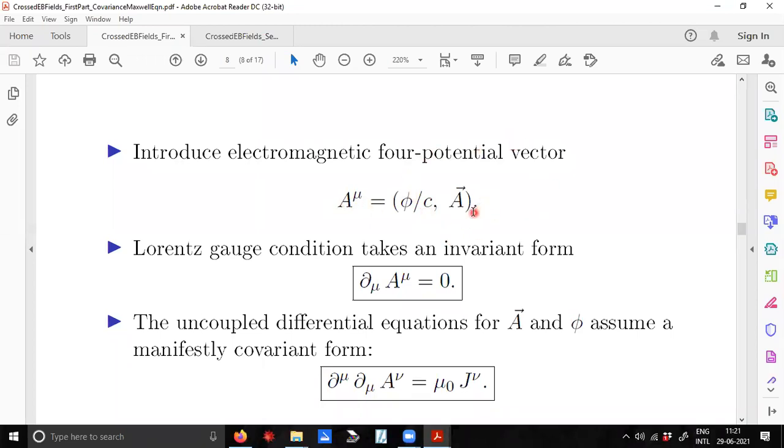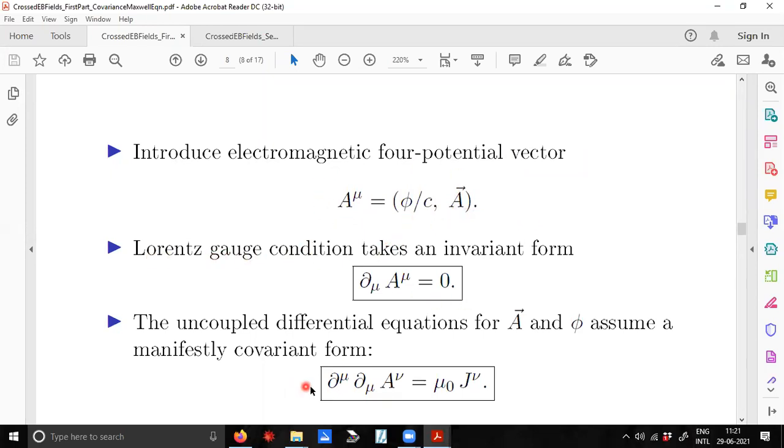That is the identification by Einstein in his 1905 paper, where he talks about how magnetism can be written in a covariant manner. You define the electromagnetic 4 vector potential A mu as phi by C and A. And all our laws show that this is indeed a 4 vector, so it transforms like a 4 vector under Lorentz transformation. That can be shown. I am not able to show it now, but this is what is there.